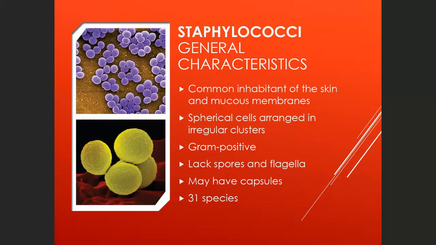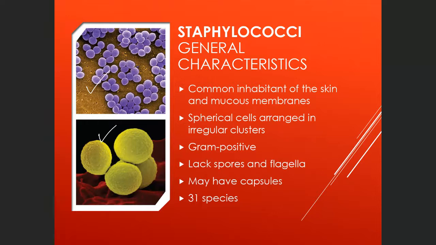So this is the characteristic of Staphylococcus. This is under the electron microscope over here. This is even closer with a higher magnification. So you can see several round coccus bacteria. They bind together, group together, and arrange together to make a staphylo cluster.